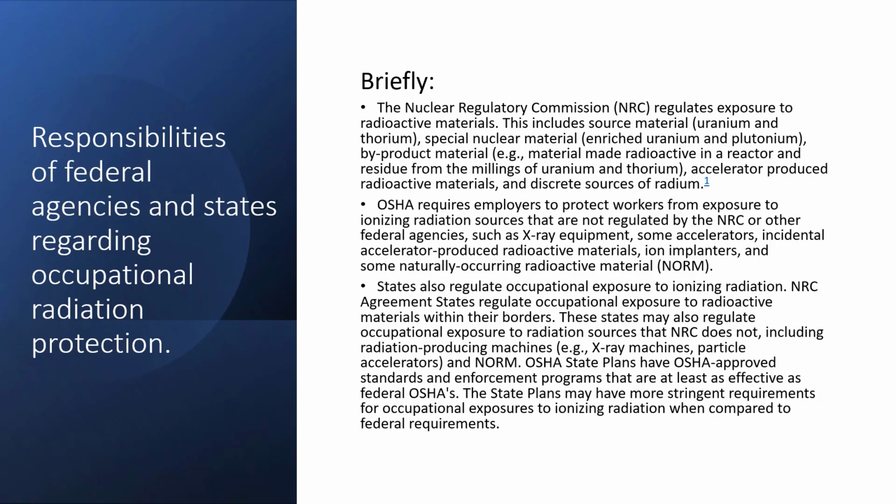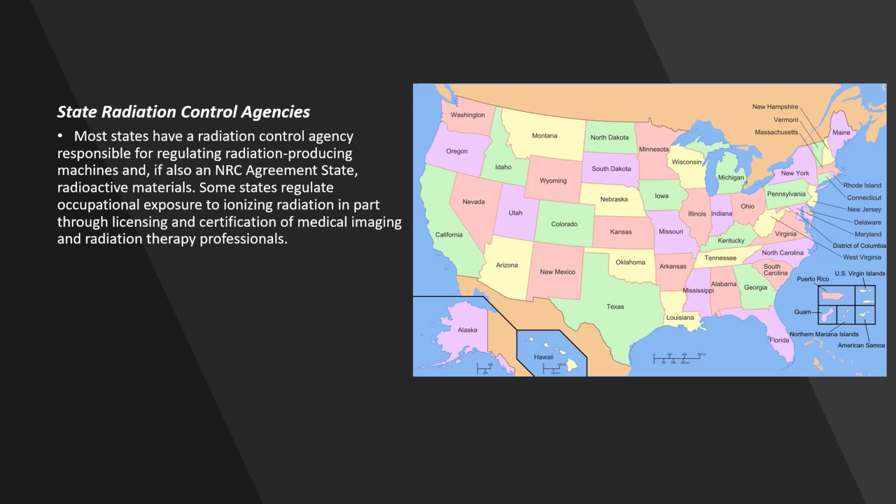and if you are creating a worker safety program, you need to understand what the parameters are in your state for occupational radiation safety protection. We have 50 states and a number of territories.